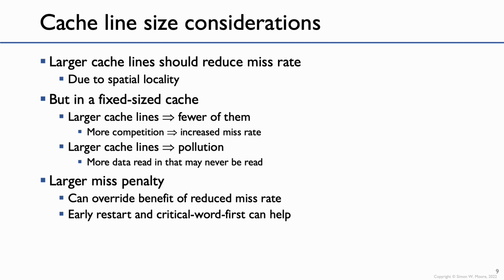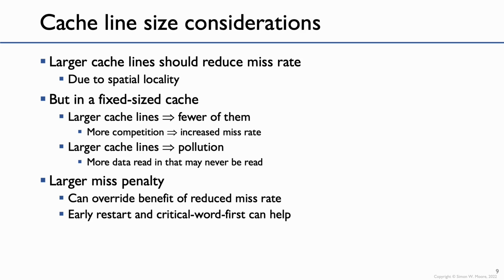Let's have a think about cache line size considerations. Larger cache lines should reduce the miss rate because we actually get better spatial locality. However, there's a bit of a trade-off. In a fixed size cache, larger cache lines means that we have fewer of them, and so you get more competition if you've got lots of different regions of memory to cache, and so that can increase the miss rate.